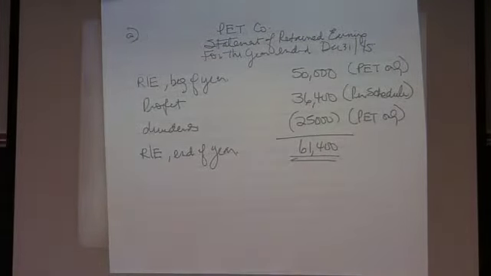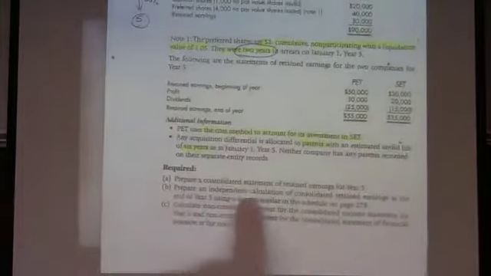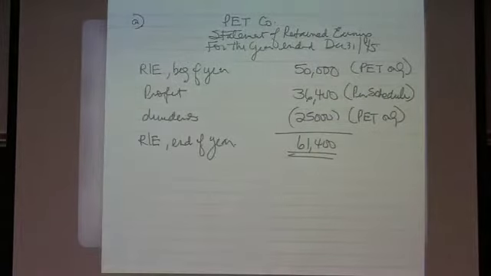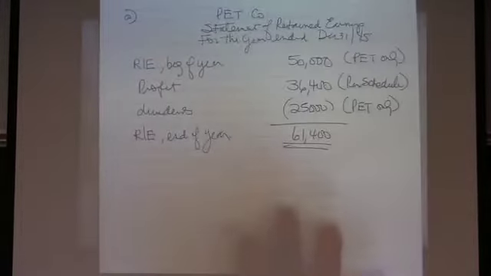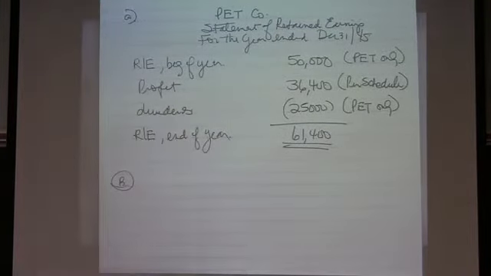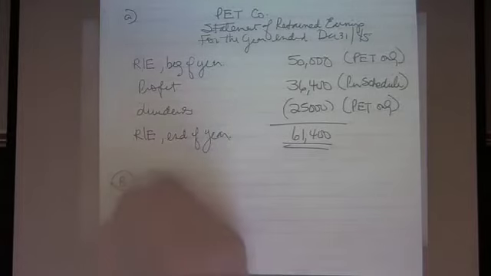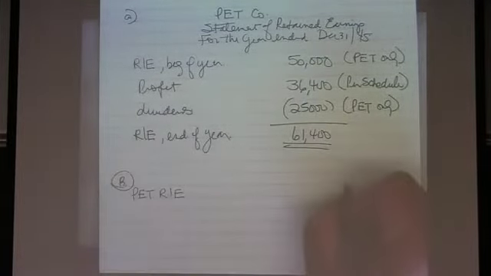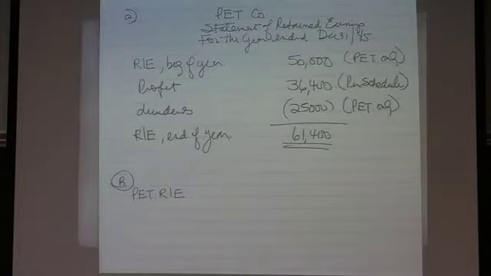Now, part B asked us to prepare an independent calculation of the consolidated retained earnings of year 5. So let's do that. Okay, so part B, let's start with PET's retained earnings. And we know that was 55,000, right?